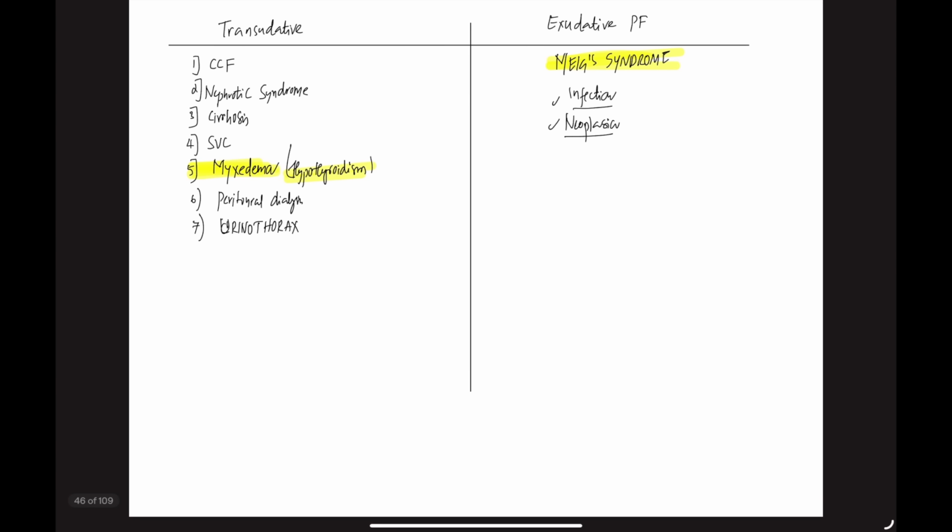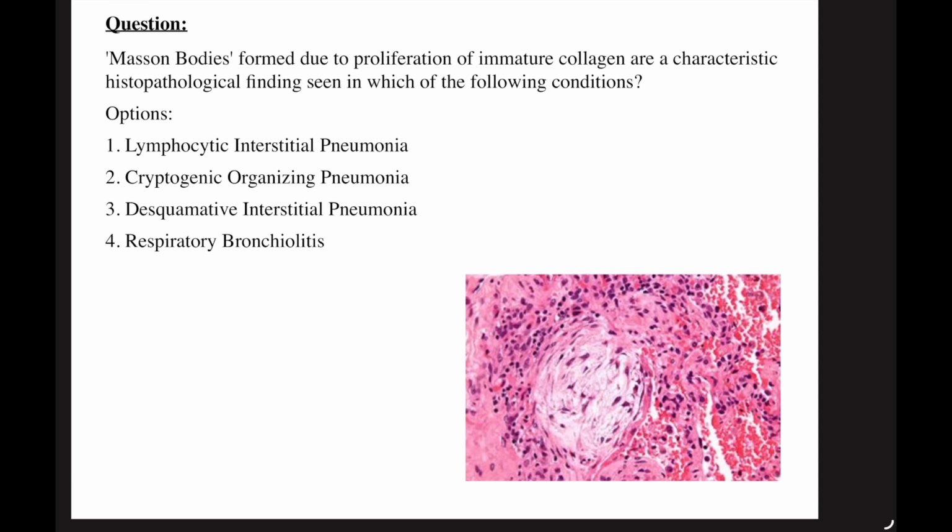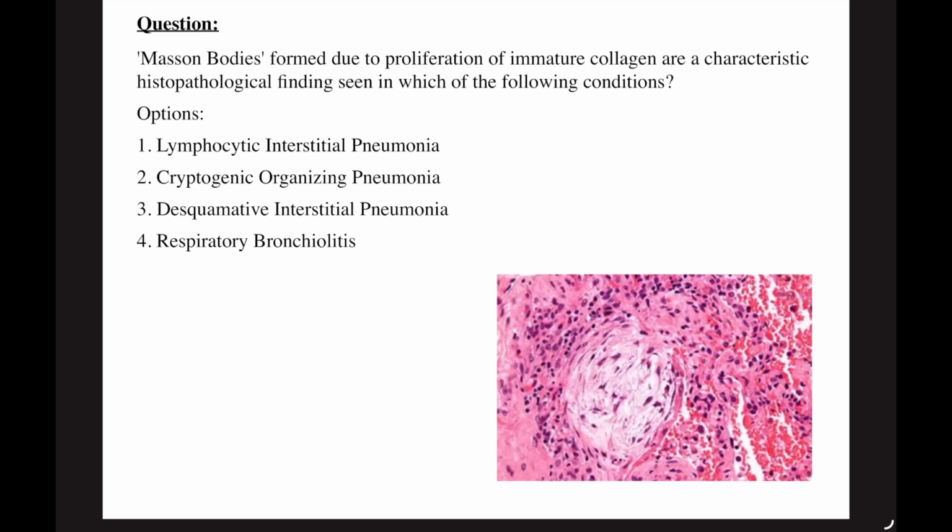High-yield question, right? Now, this is a little tricky pathology question. Suddenly they have asked it, but interstitial lung disease we have discussed in detail. Among the interstitial lung diseases, there is one condition called cryptogenic organizing pneumonia.